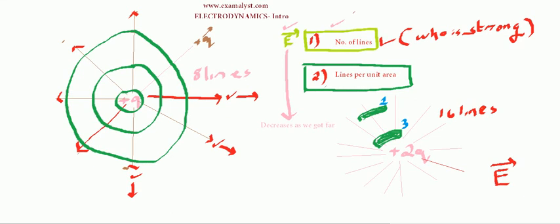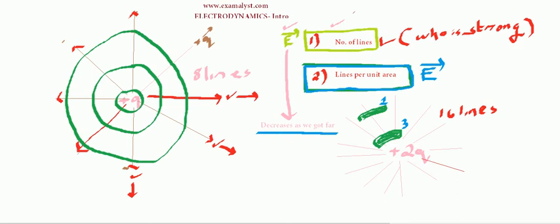So this is a quantity that decreases with distance. Lines per unit area is a geometrical quantity that decreases with distance, satisfying one of the properties of electric field. Hence, the real hero who can represent electric field is number of lines per unit area. Agreed?